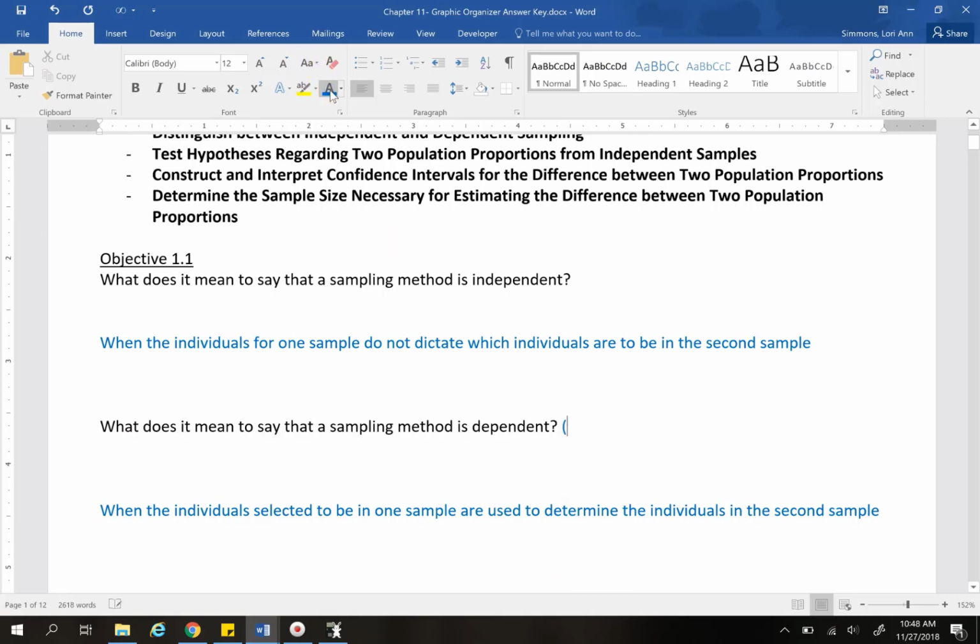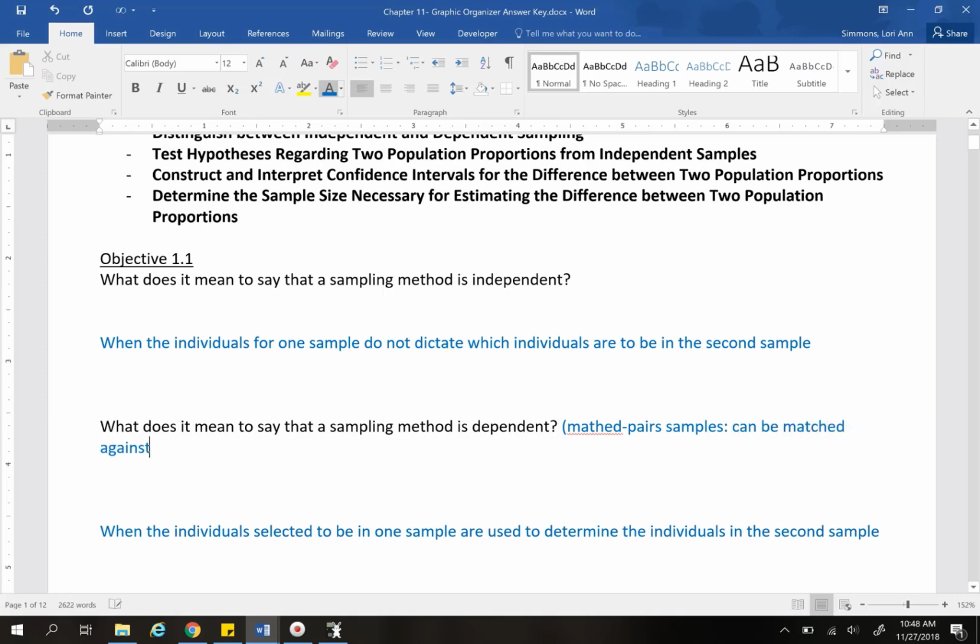Dependent is for when there's matched pairs samples, and you can be matched against yourself.